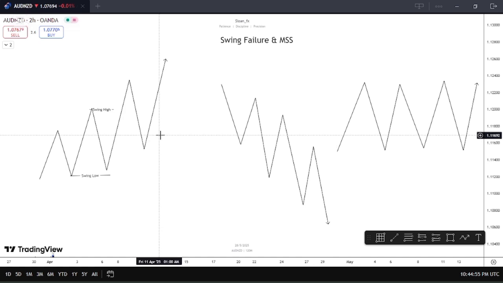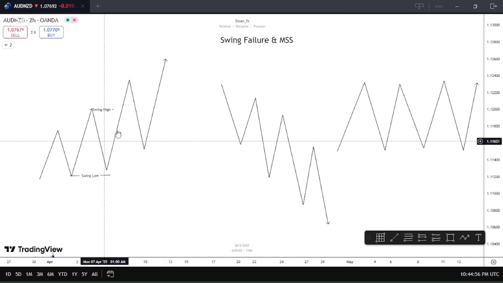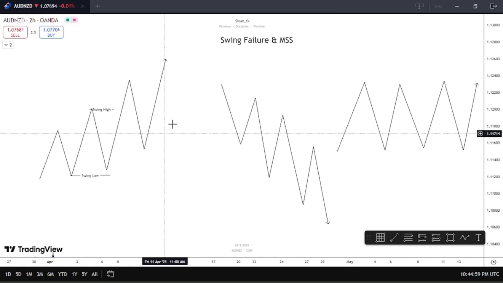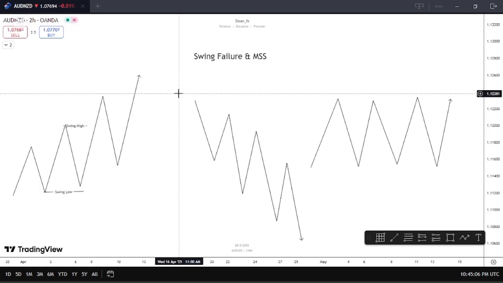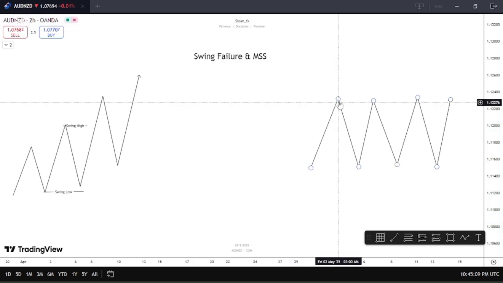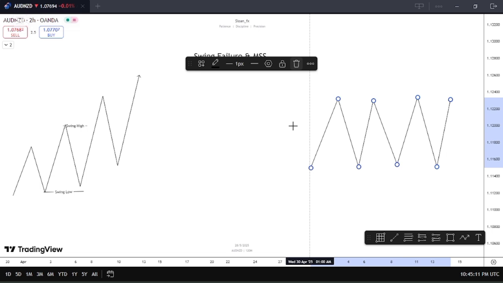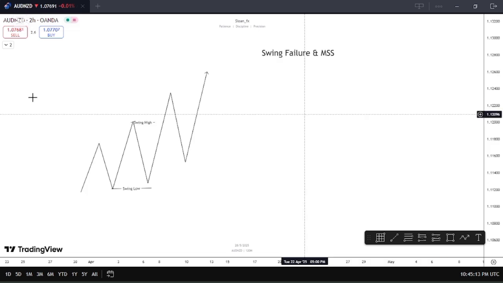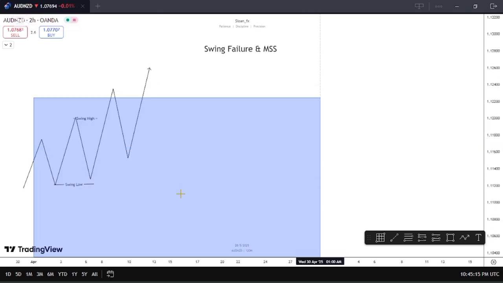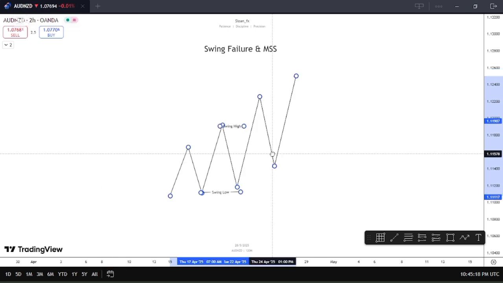In definition, a swing failure is when the market has failed to take out the previous high, that is, the previous high is forming a new high. This is for an uptrend. For a downtrend, it is when the market has failed to take out the previous low, forming a new low.